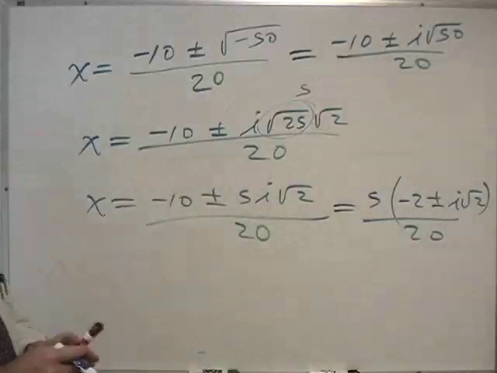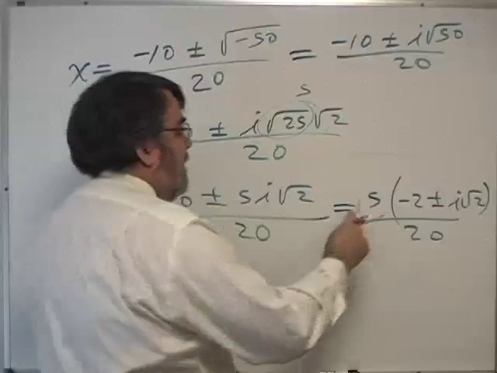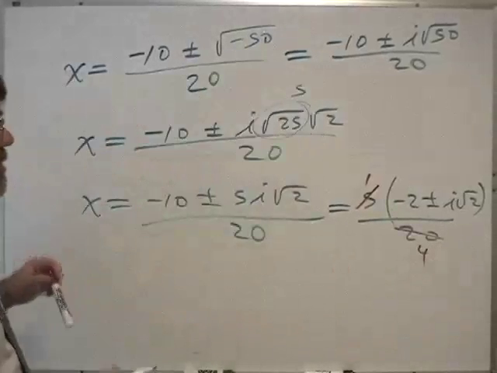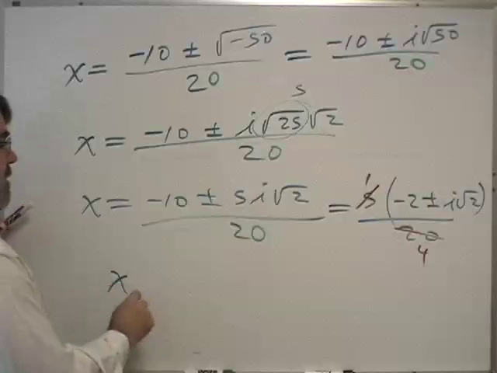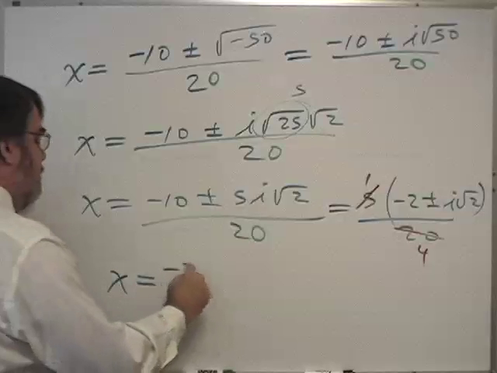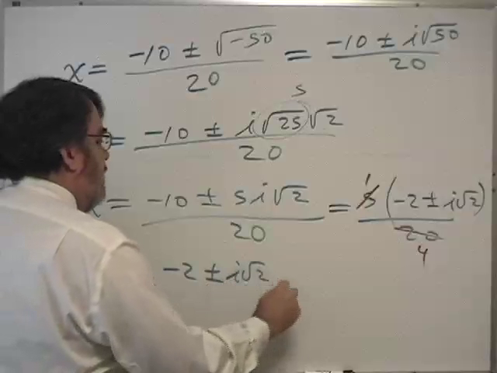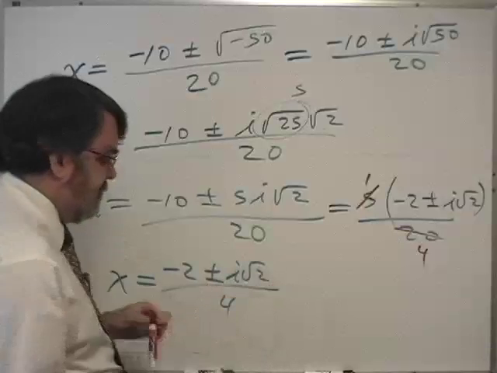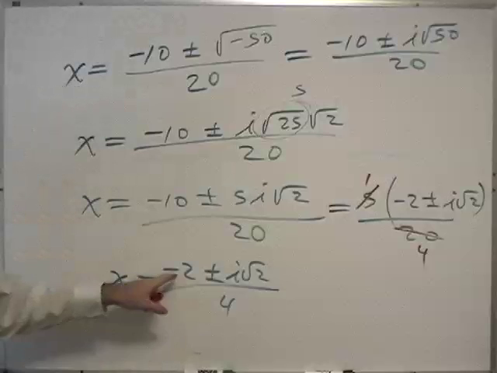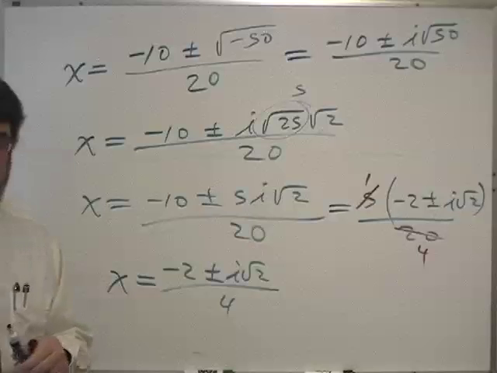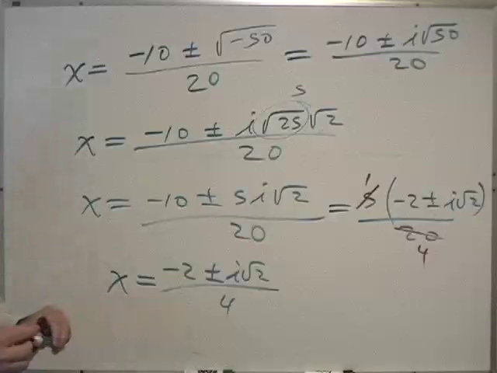And now we can cancel the 5 with the 20, leaving the 4. So in that case, we can go a little further. x equals negative 2 plus or minus i times the square root of 2, over 4. And again, that doesn't cancel because we can't factor 2 out of the numerator. So this is as far as we can simplify.